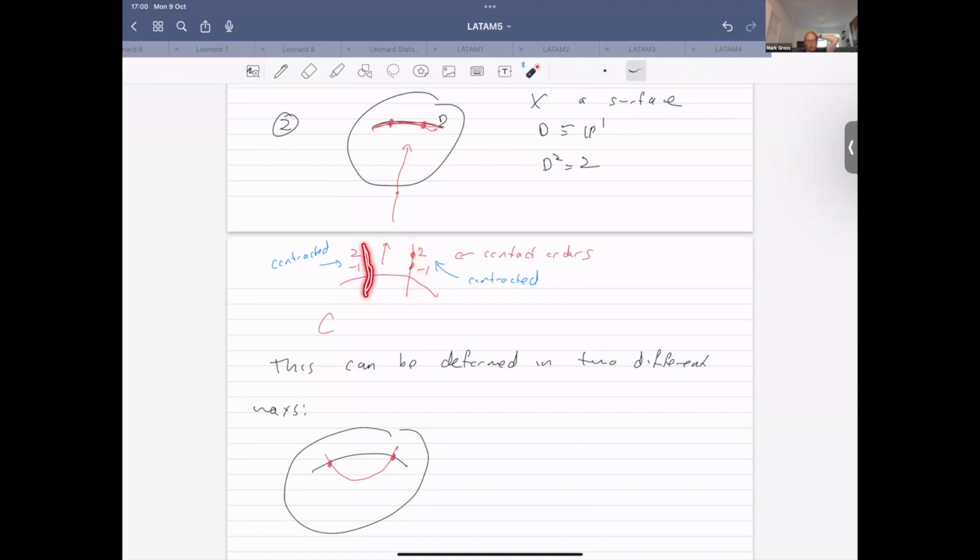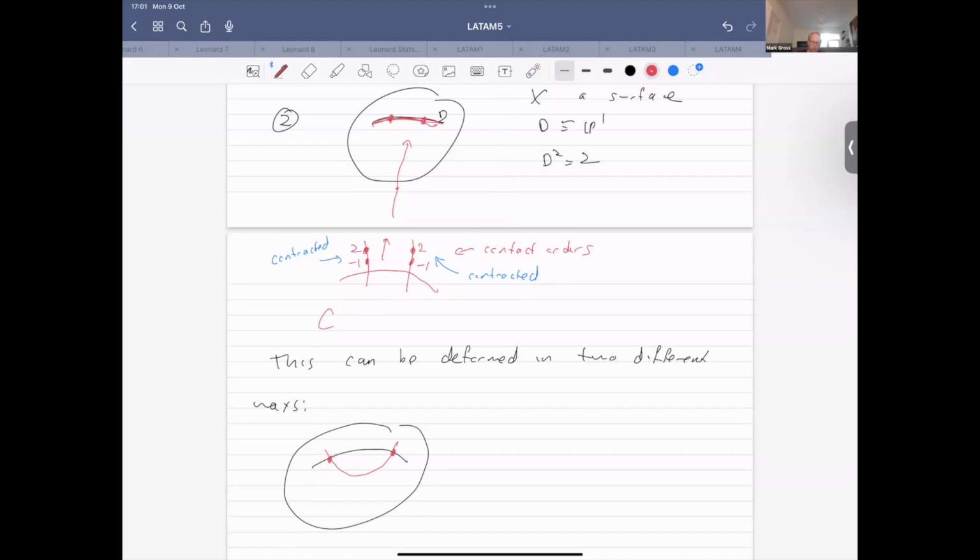In order to have negative contact order, the curve can't look like this. Such a curve always has positive contact order at these points. But these irreducible components are being contracted. They're falling inside the divisor. And as long as a component falls entirely inside the divisor, having negative contact order is possible. So we still have this sort of contracted component, let me just try to draw it in here, it's contracted, but we can't really see it. It can't deform away.